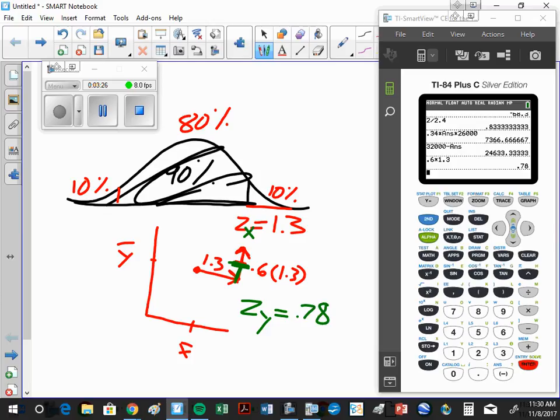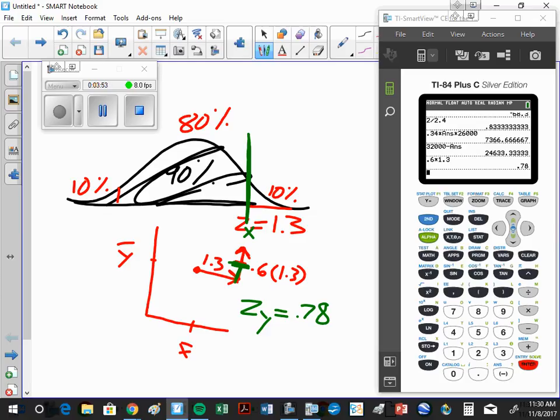This is my z-score for x. Okay, so 0.78 is a z-score for the y values. What do I need to do? No, it's not a percentage. My original student, well, it might translate into that, but that's not where the number comes from.